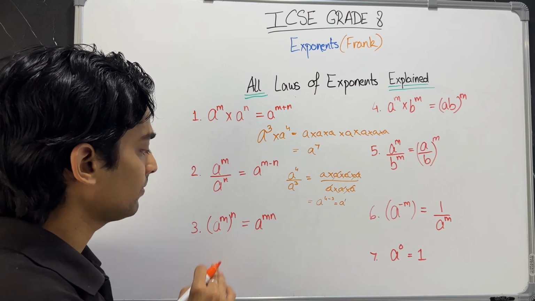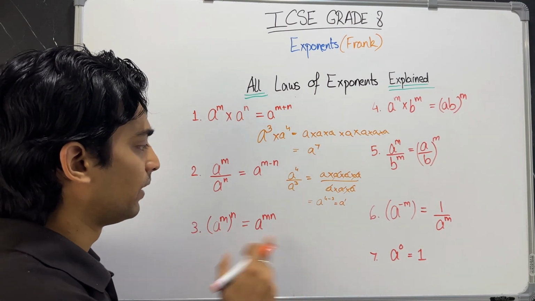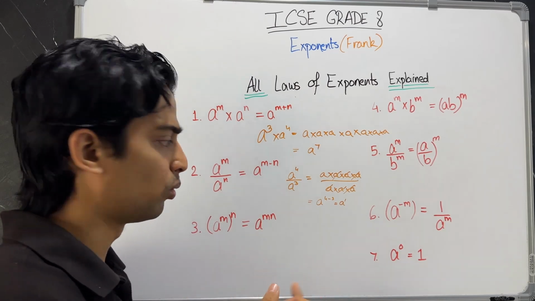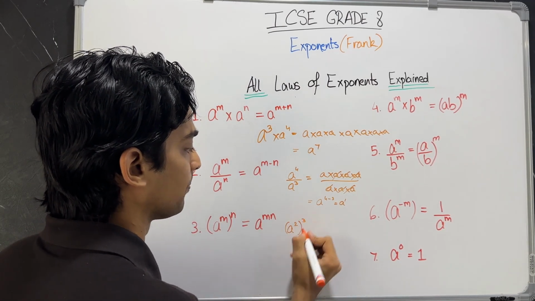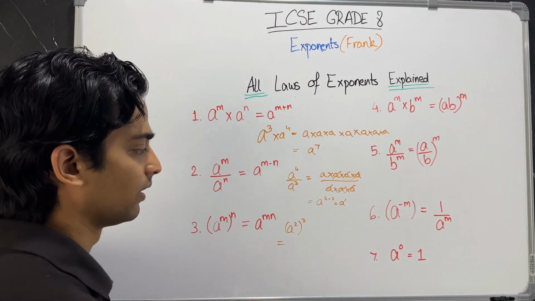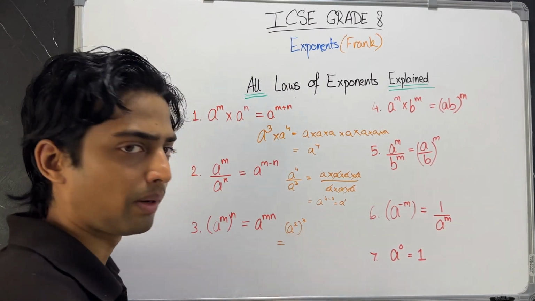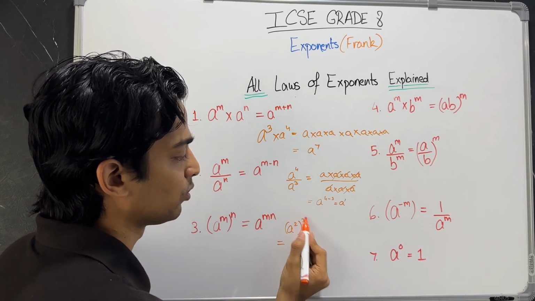Third one, a raised to m, the whole raised to n. Now let's write it. Let m be 2, n be 3. So a raised to 2, the whole raised to 3. Now let's look at this one thing. This whole bracket is raised to the power 3.